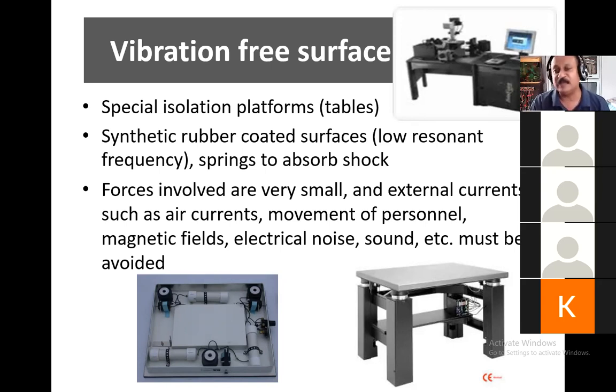Isn't it? Therefore, these microscopes are normally mounted on a special kind of table called a vibration-free table or vibration-free surface. What I have shown on the slide are some images of the table.